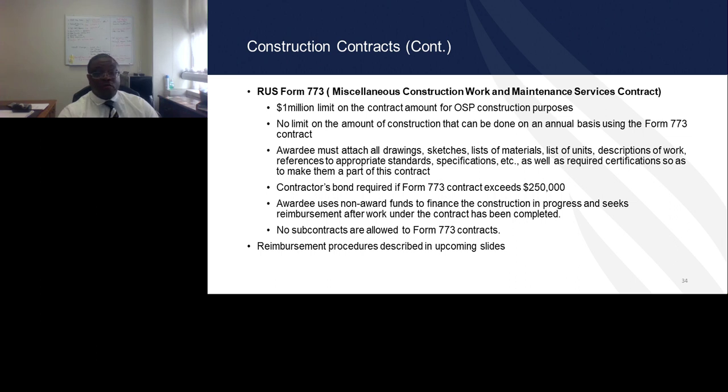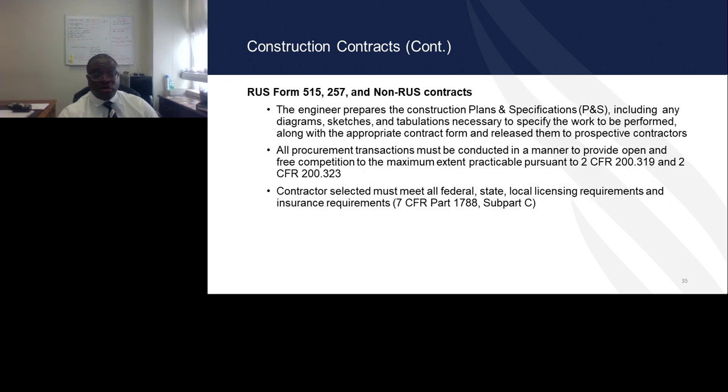For the other major construction contracts, we have the 515, the 257, and non-RUS contracts. In a similar manner, the engineer will prepare what's known as the plans and specs. Once that's all done to identify and specify the work that's to be performed, it is released to prospective contractors.